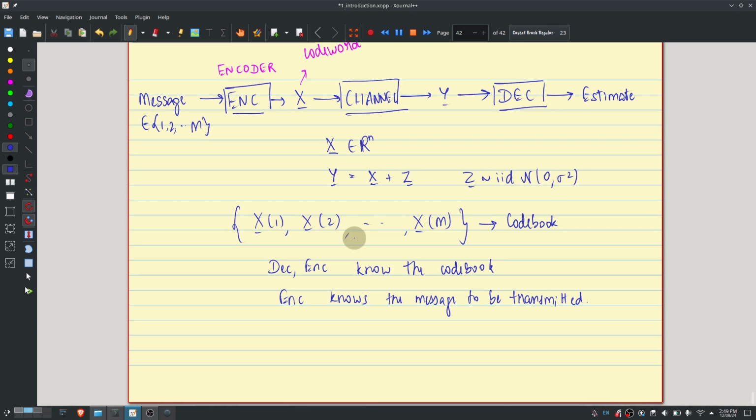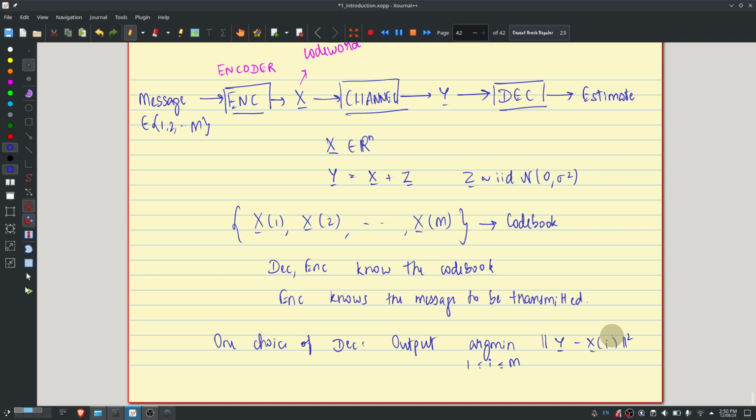So one choice of decoder is basically output the argmin, minimizing the distance, which is the same as minimizing the squared distance.